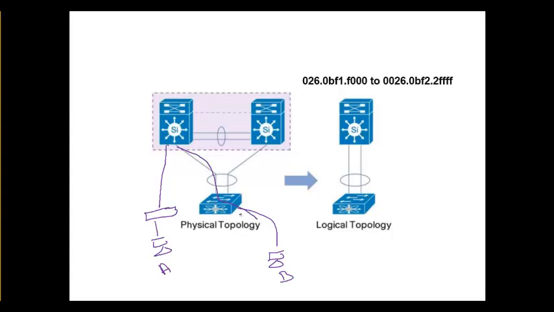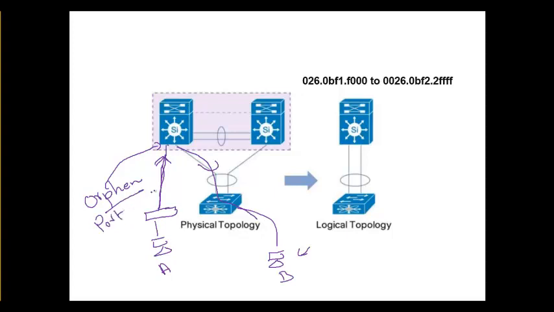Now the traffic that is entering a port which is not a member port forwards the packet to a member port so that it can reach the destination. If so, then this port will be called an orphan port. Orphan port. It's not a member port.